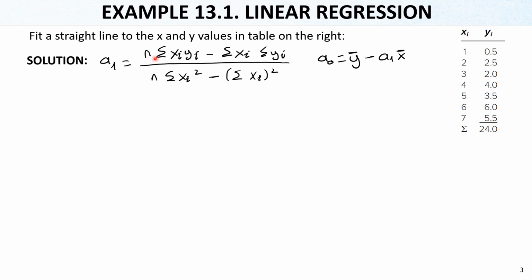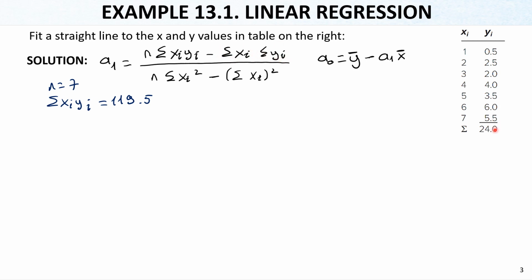So for total xi yi, we basically multiply these and get the summation of them. When we sum them all after multiplication, total xi yi is equivalent to 119.5. Of course, we have n equals 7 as well. Let's keep that here too. Then we need the summation of xi and summation of yi.